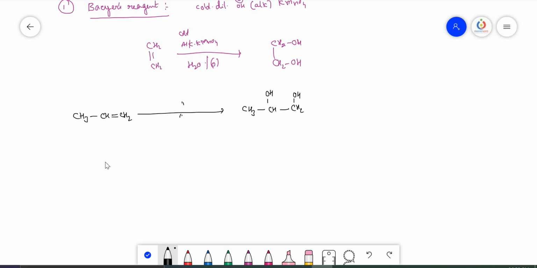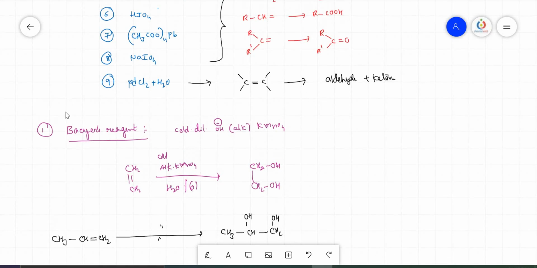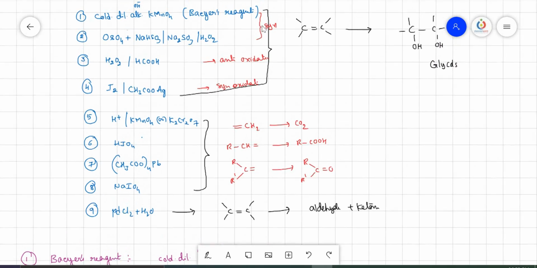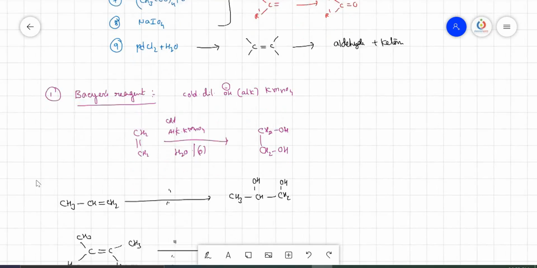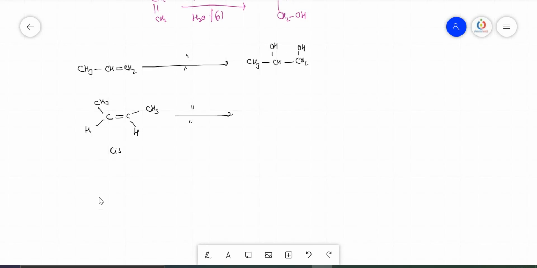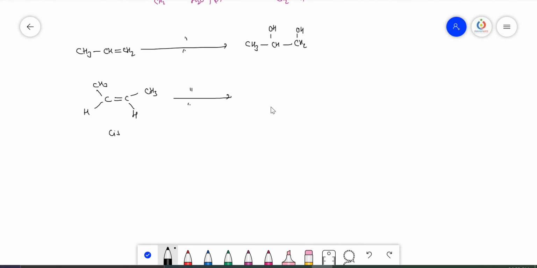Okay. Now let us take another one. This is the cis alkene and cold dilute alkaline KMnO4. So what product are you expecting? I said clearly that it is giving the syn addition, right? So already we have taken this cis alkene. Cis alkene with the syn addition gives meso product.